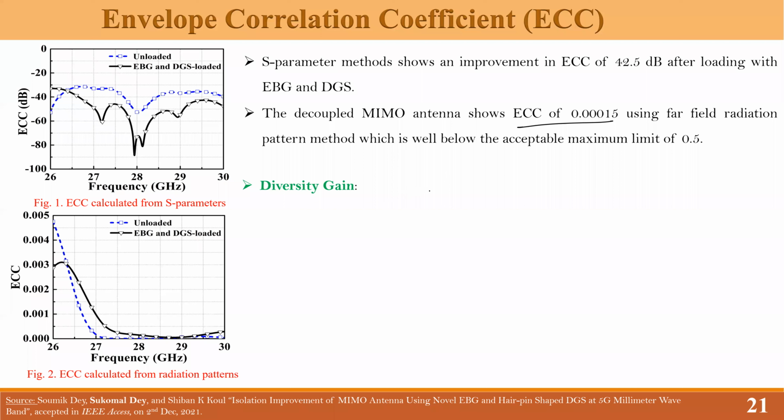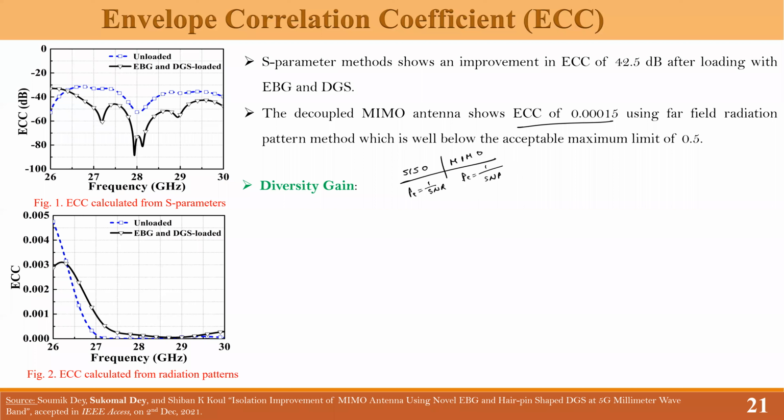For SISO communications, you can define the probability of error as 1 by SNR, or SNIR, whatever you say. Then for MIMO communications, the probability of error can be defined as 1 by SNR to the power of diversity gain.